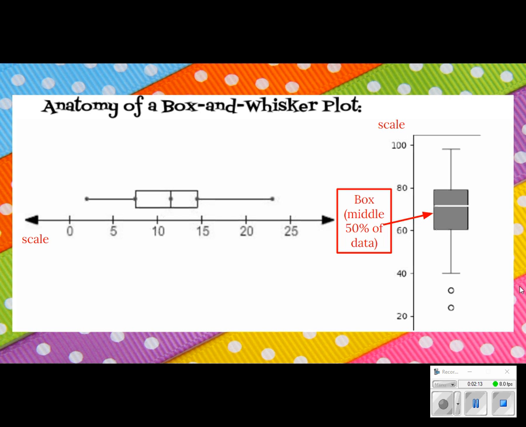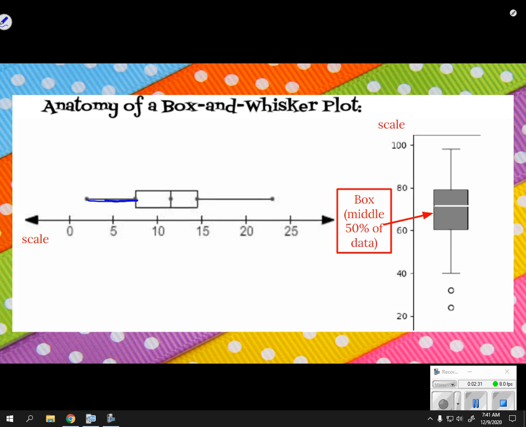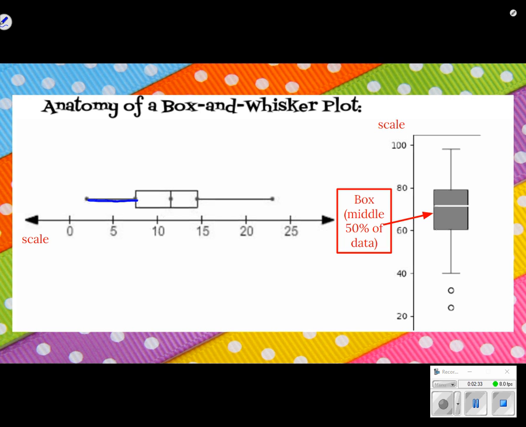All right, the box represents the middle 50% of the data. So what a box and whisker plot does is it divides the data into quartiles. So the first whisker that we have here, I'm going to draw on this one. This whisker represents 25% of the data that happens to be in the first quartile.